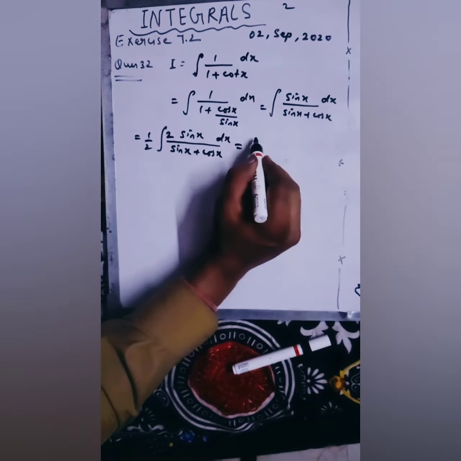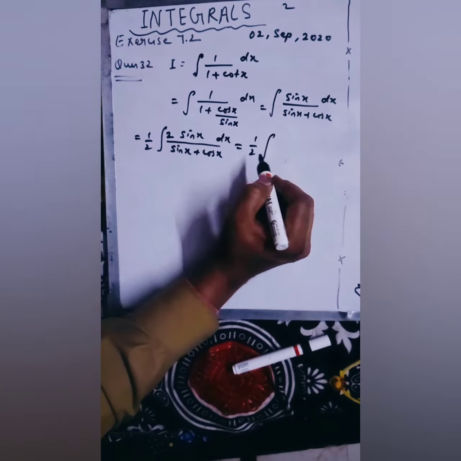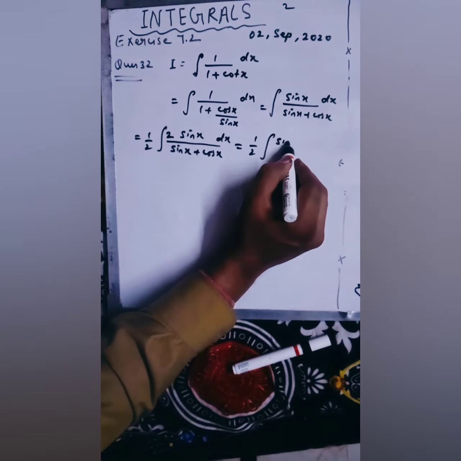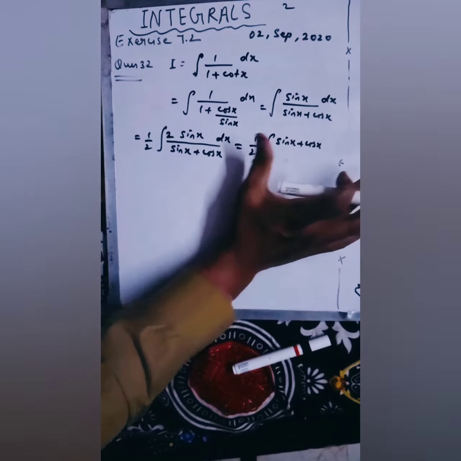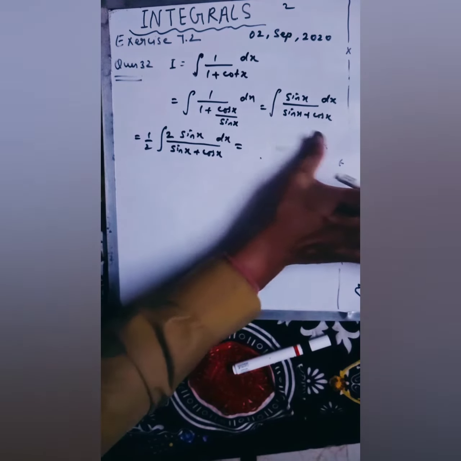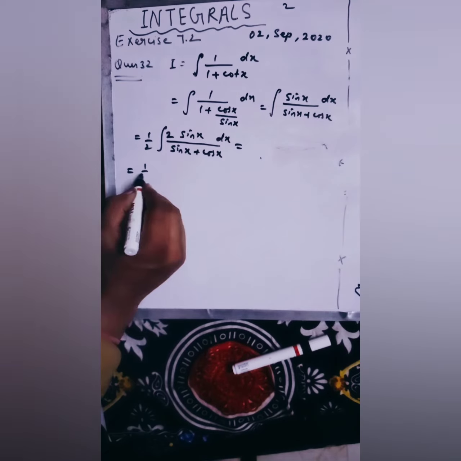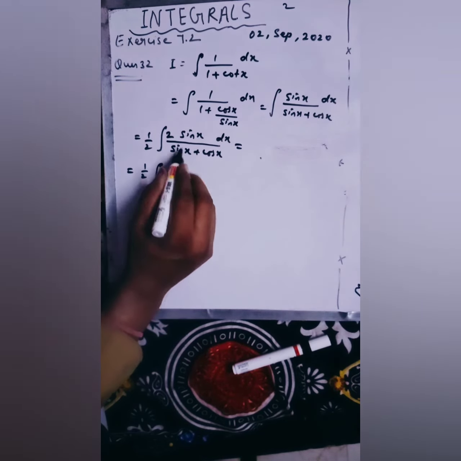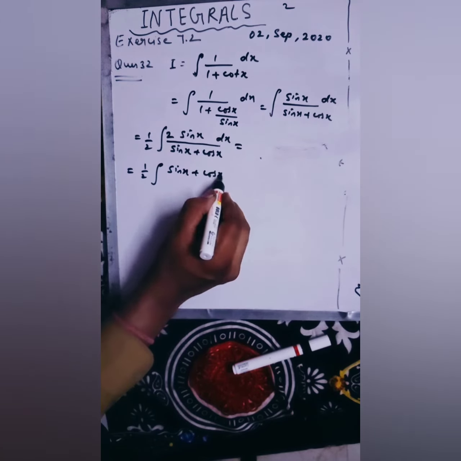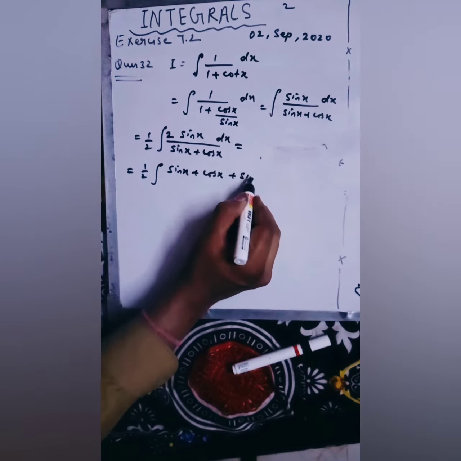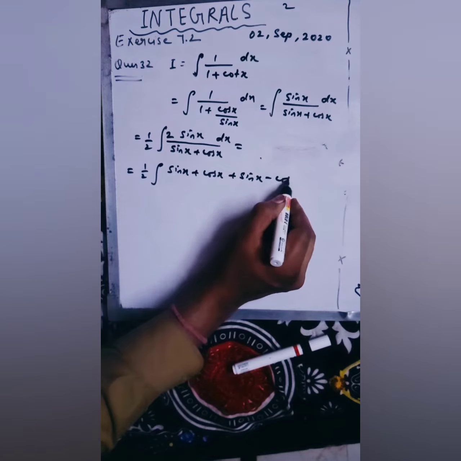Okay, now what you have to do here is write sin x plus cos x in the denominator. I'm writing this step here, just wait. This is half integration. I'm writing sin x plus cos x plus sin x minus cos x.